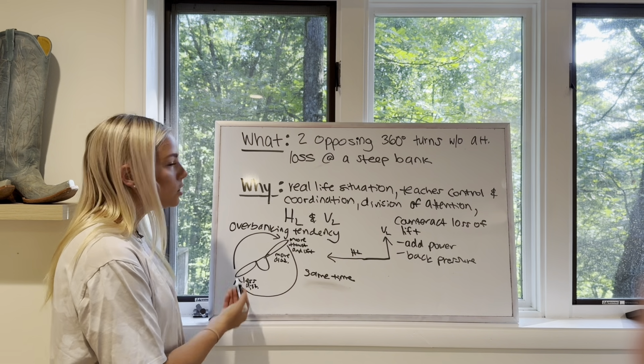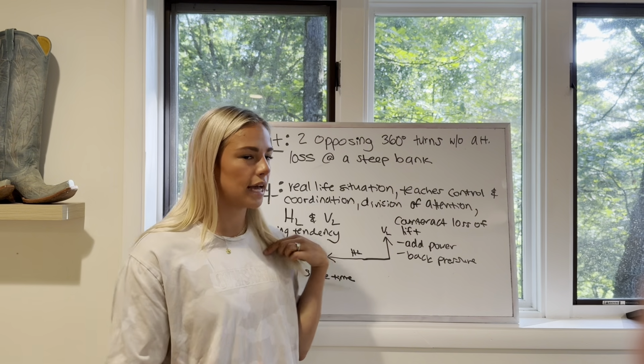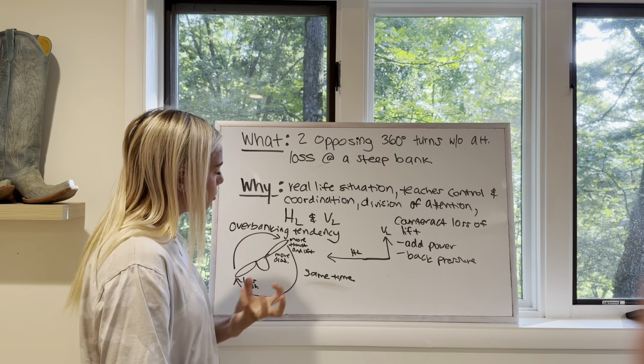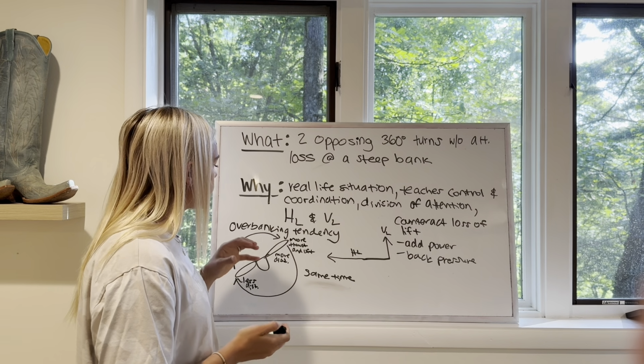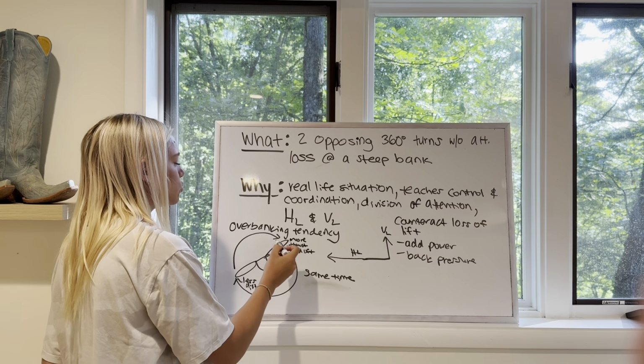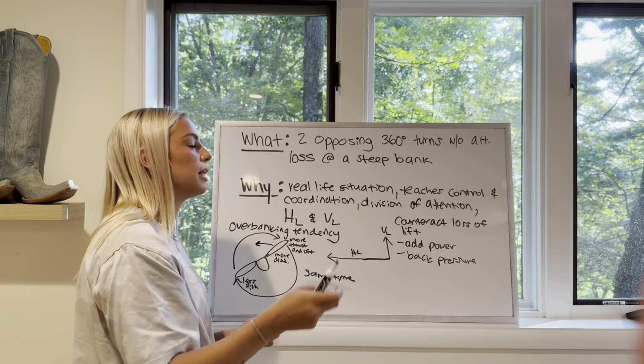This one's moving slower because it doesn't have to travel as far, but it's gonna finish the turn in the same amount of time. So whenever this wing up here is producing more thrust and more lift, it's going to want to overbank. So it's going to want to continue to move in this direction and keep banking the plane.